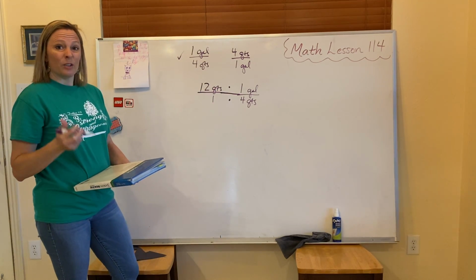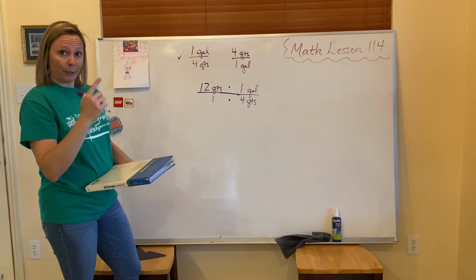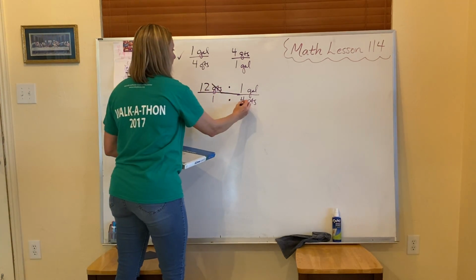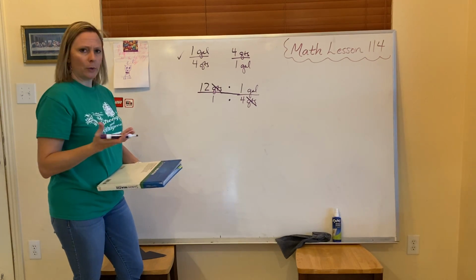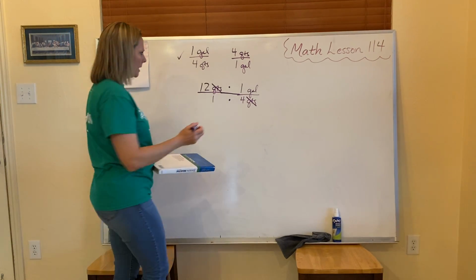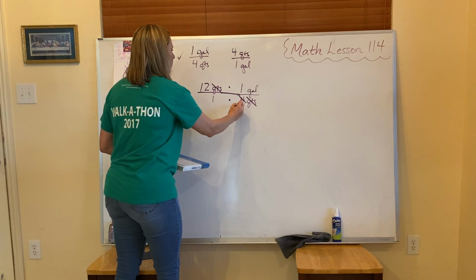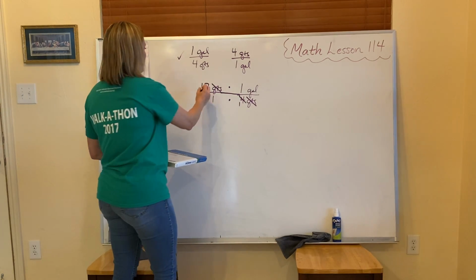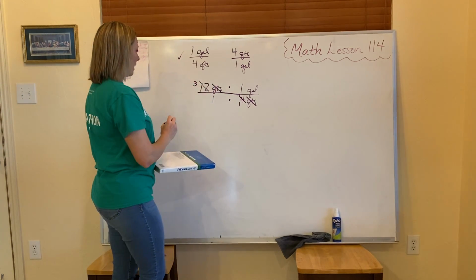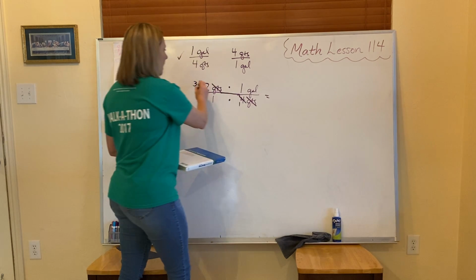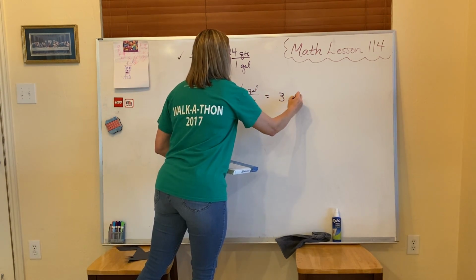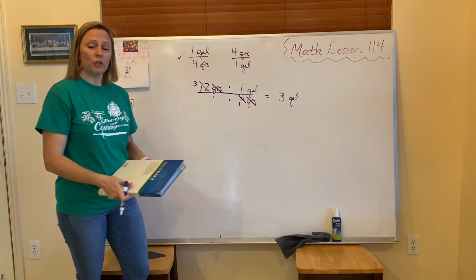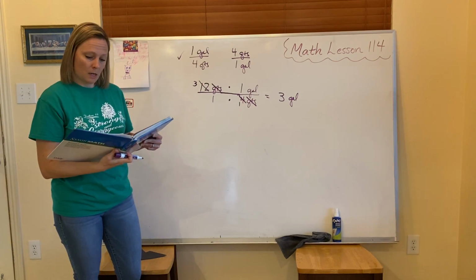We can cancel out units that are alike in the numerator and denominator. Those cancel. And we can also reduce. So does 4 go evenly into 12? Yes, it does. 4 divided by 4 is 1. 12 divided by 4 is 3. That leaves us with 3 gallons over 1, which is just 3 gallons.